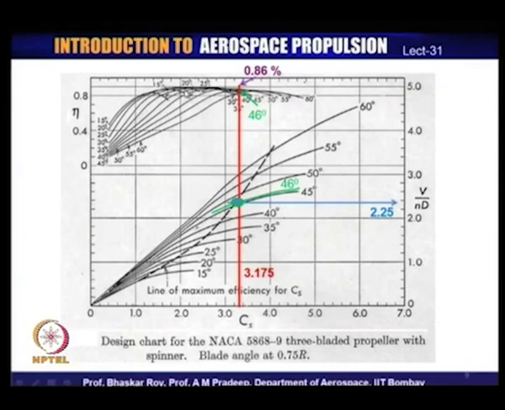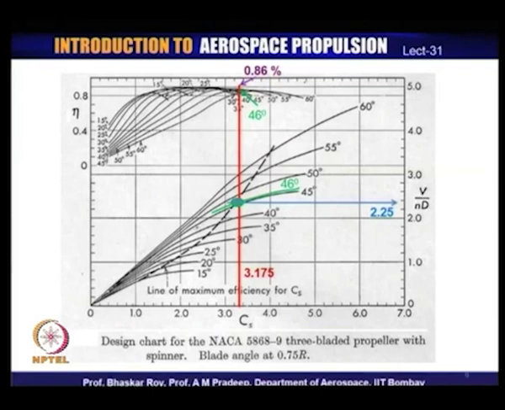Slightly higher blade setting angles can start giving you efficiencies of the order of 85-86%. At very low blade setting angles, the efficiencies are a little lower, of the order of 80%. So, if you use typical NACA aerofoil sections and a typical 3 bladed propeller, this is the kind of characteristics that is normally available for that propeller.